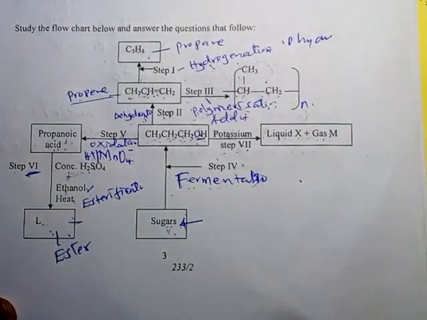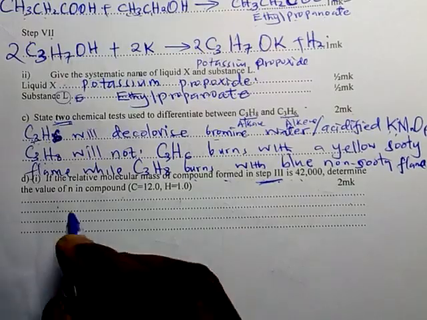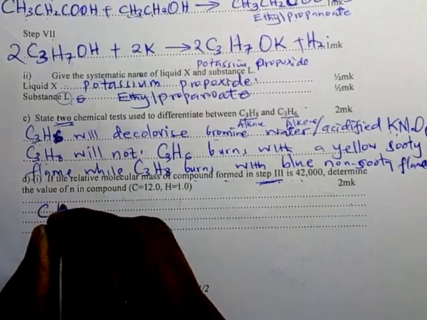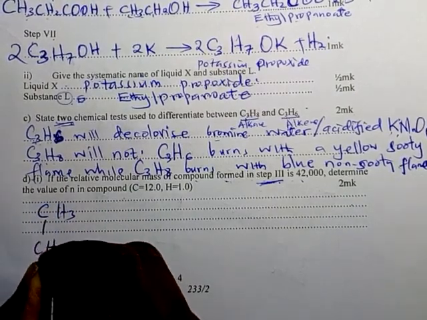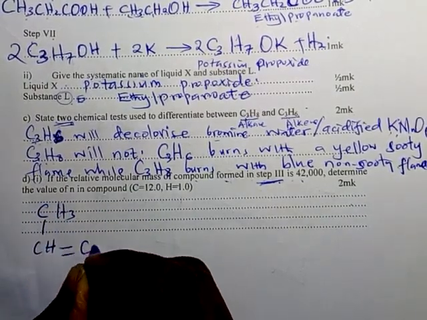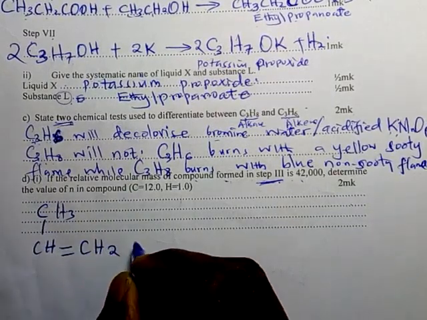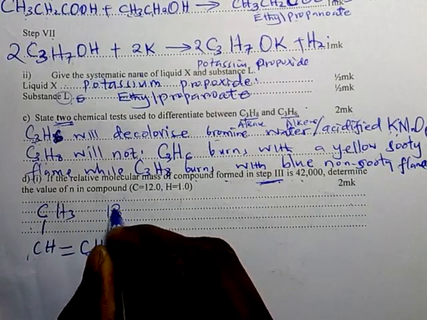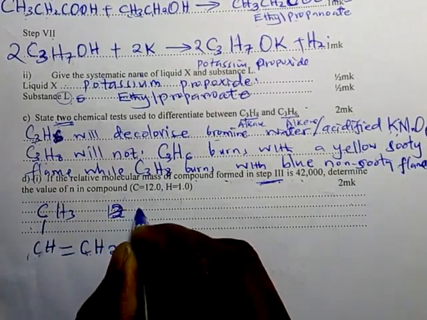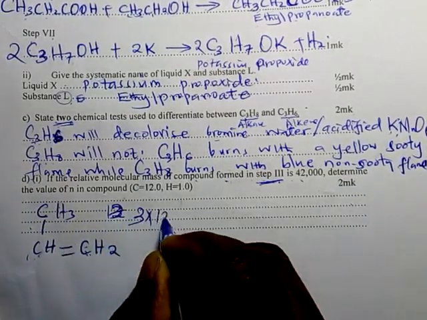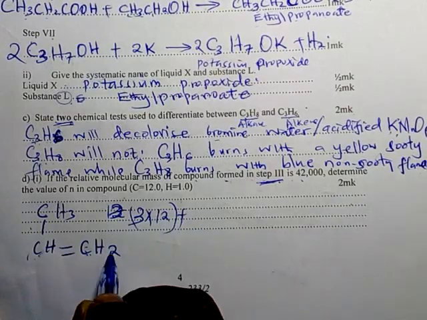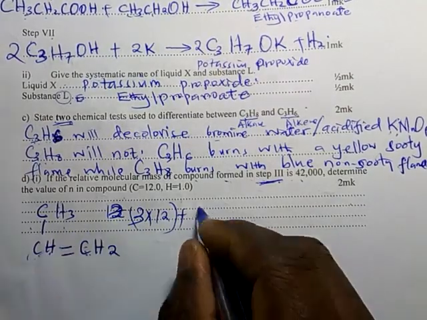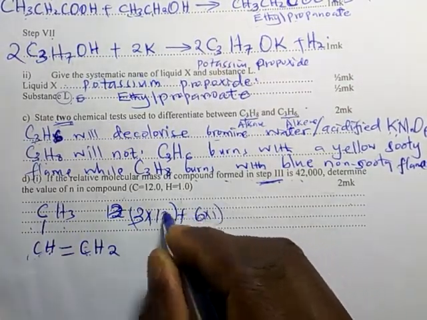Therefore, our monomer is CH3CH=CH2. We have 3 carbons, times 12 each, plus 6 hydrogens times 1.